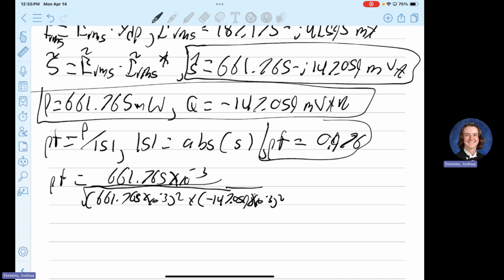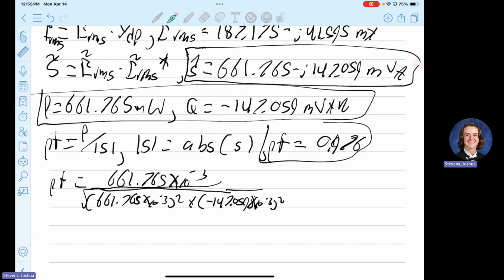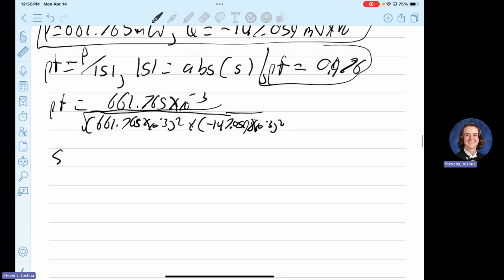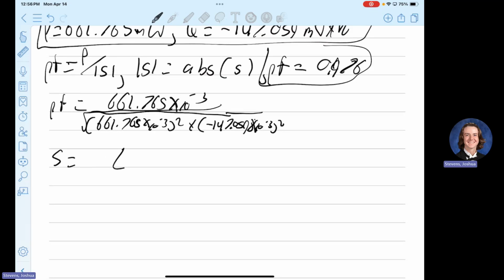Same thing works. Or you could put this into polar form, and whatever the angle is, take the cosine of that. It's going to be the exact same. So it's just however you want to do it. S equals magnitude angle theta, and the power factor equals cosine of theta.